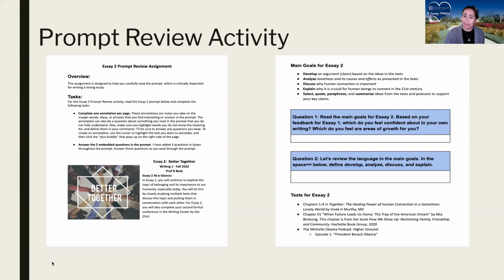So a little bit of a metacognitive activity here as well, so that they can reflect on how they did with essay 1, how they used my comments to help them, and areas where they feel, hey, I'm doing super awesome with organization.